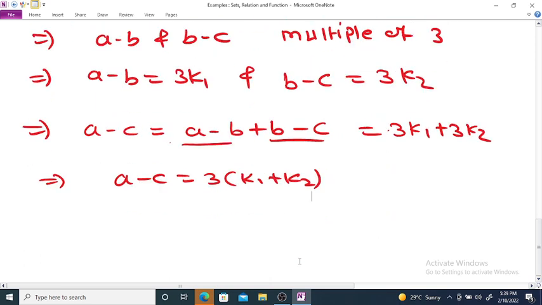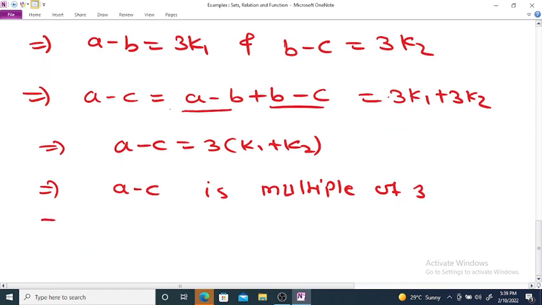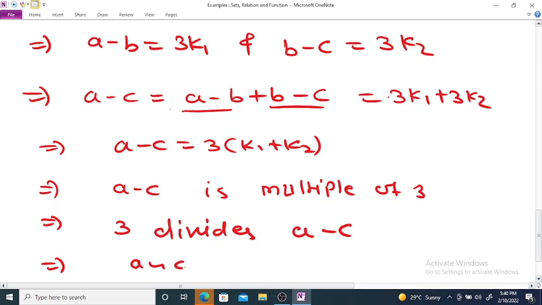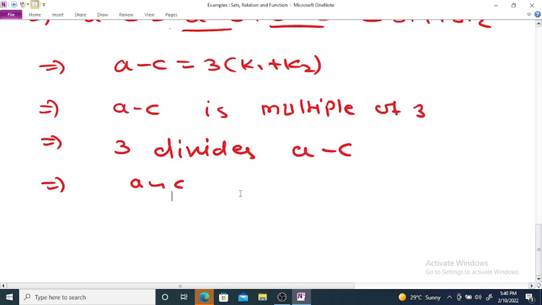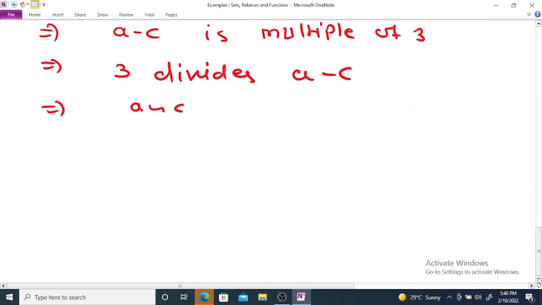This implies A minus C is a multiple of 3, so 3 divides A minus C, and therefore A is related to C. So if A is related to B and B is related to C, then A is also related to C, and therefore the given relation is a transitive relation.